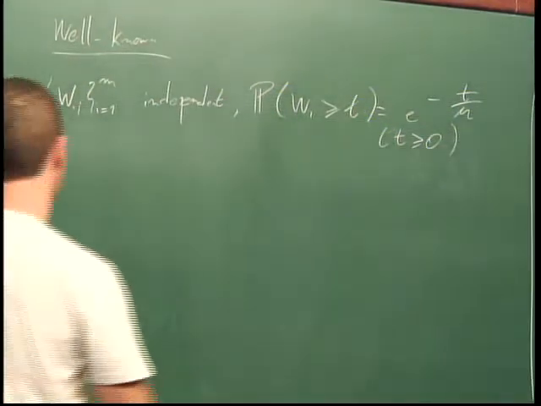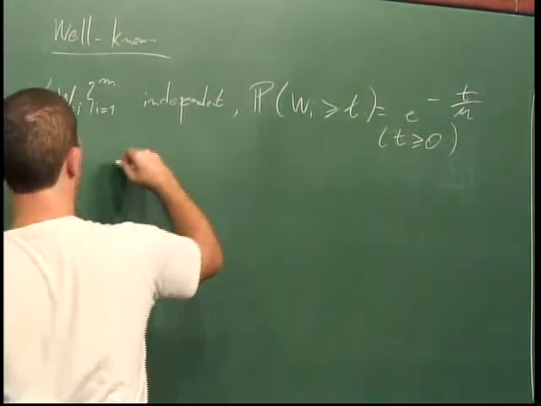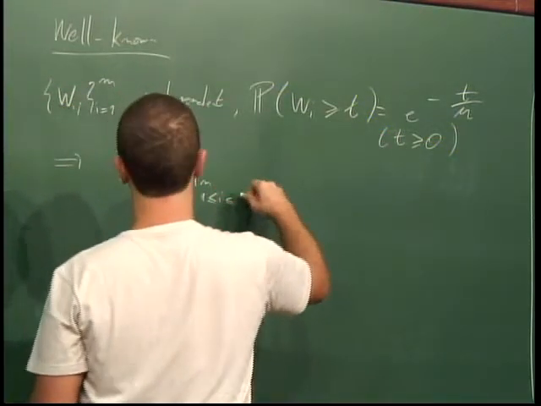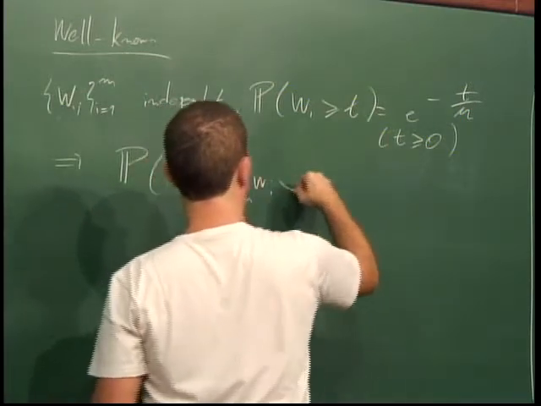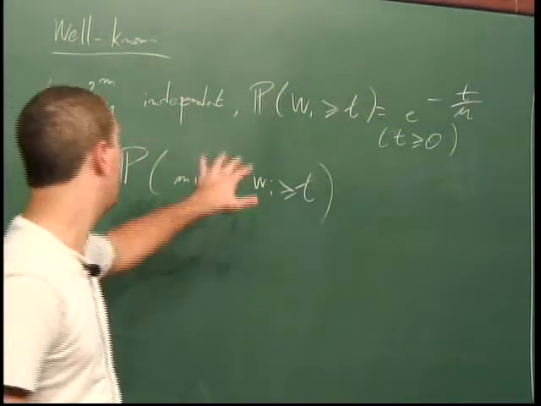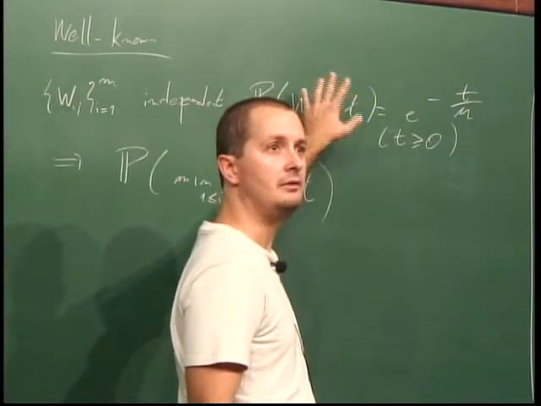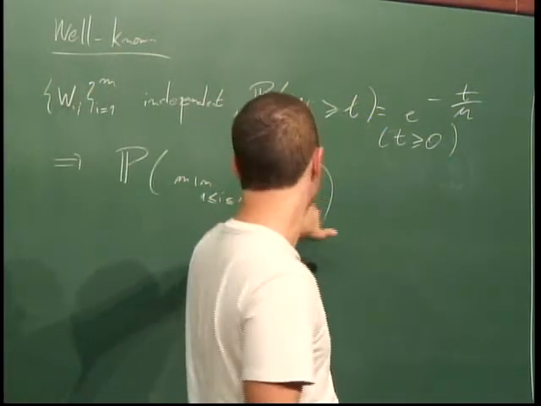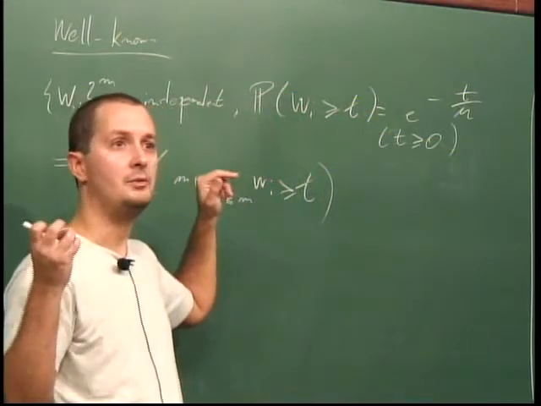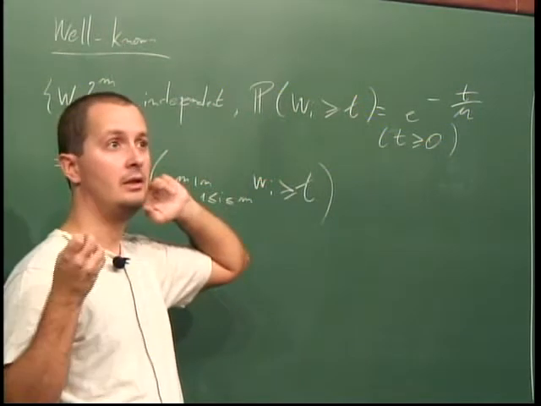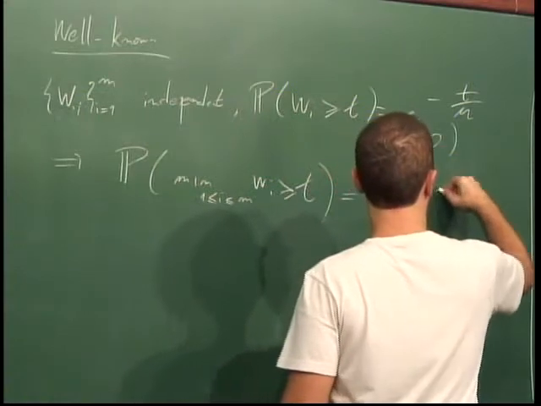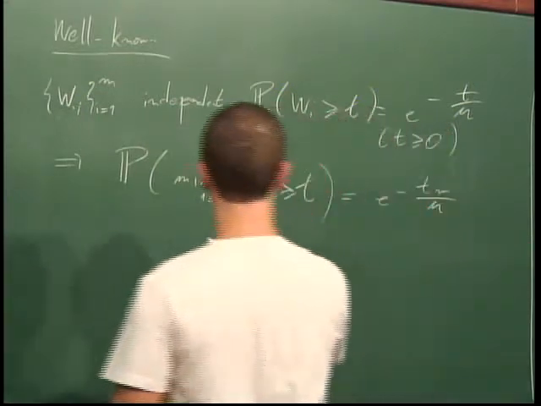What's the distribution of their minimum? The probability that the minimum is larger than t is a product of these things, because the minimum is larger than t exactly when each one of those is larger than t. So of course you have a power here.